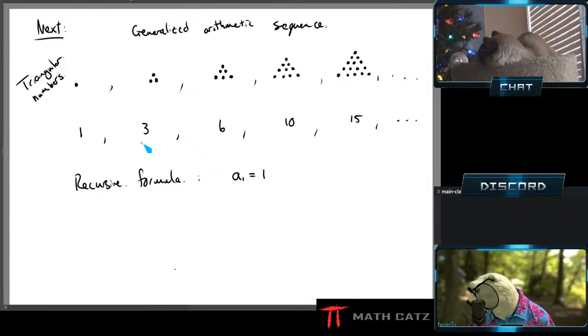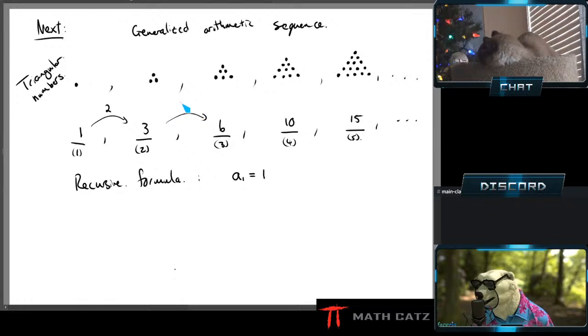I'm adding 2, then I'm adding 3, then I'm adding 4, then I'm adding 5, and so on. So let me rephrase that, say it again. Let's look at the positions to help me. Position 1, position 2, position 3, position 4, position 5. It's a good exercise to make recursive formulas because it's such a direct translation exercise. Okay, so let me rephrase this. To get to position 2, I added 2.